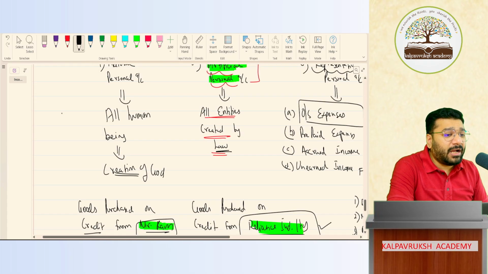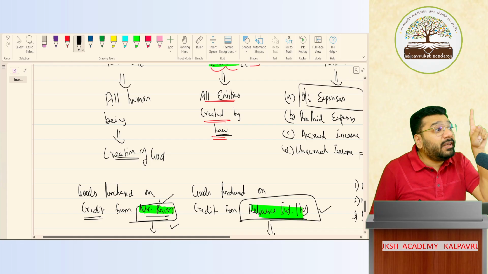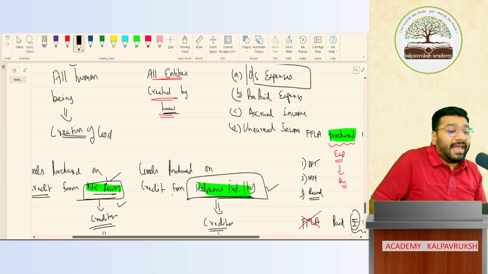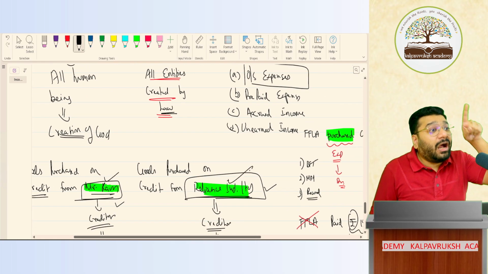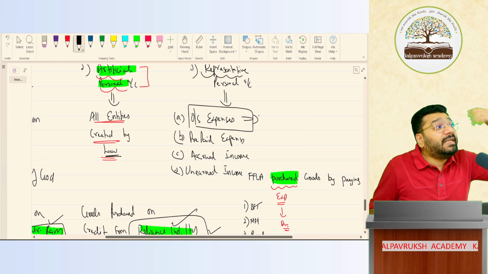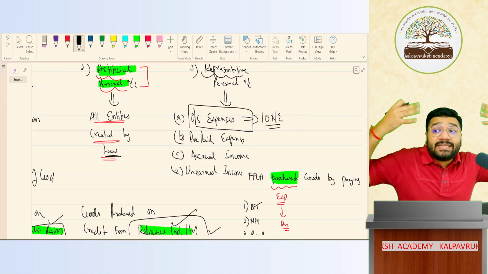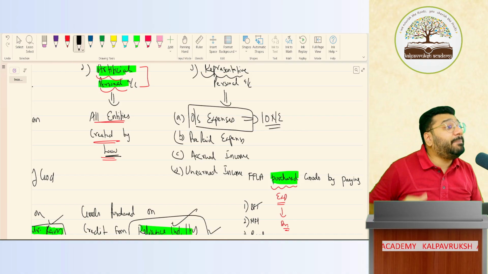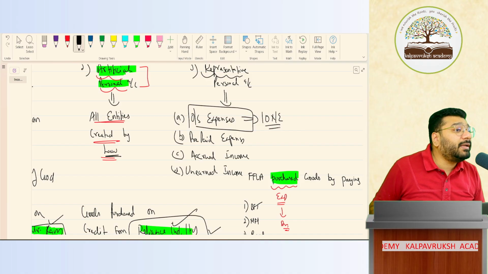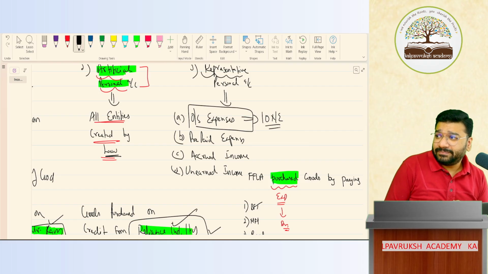In the natural personal account, Mr. Ram is a single person. Single natural person. Reliance Industries Limited, single artificial person. Whereas outstanding expenses, group of multiple employees. How many employees? 10 natural employees. So it is representative account, represented by multiple people. Got it, not got it. Only people. Now got it, not got it.